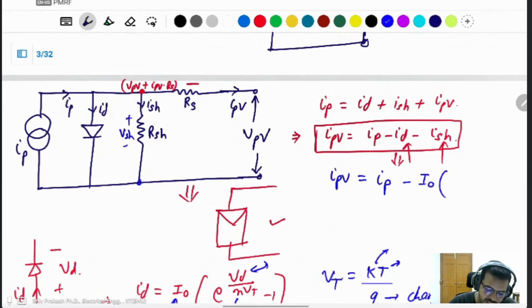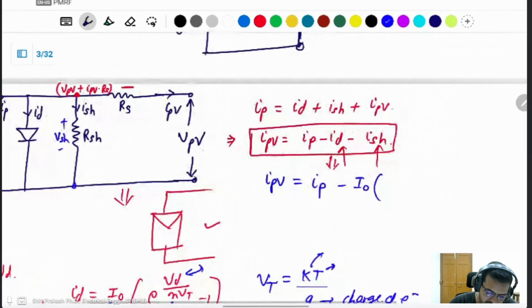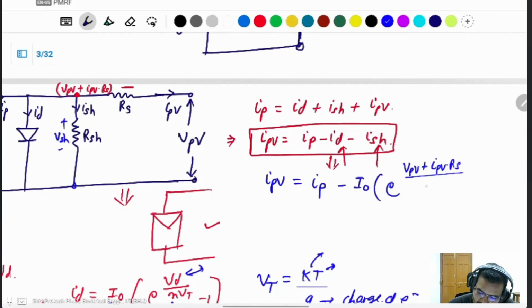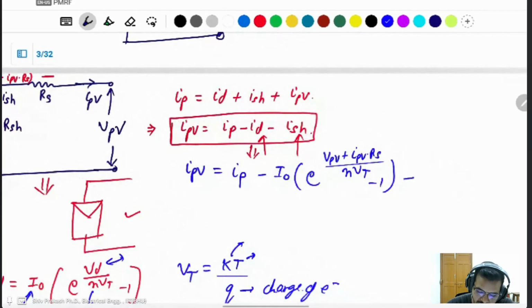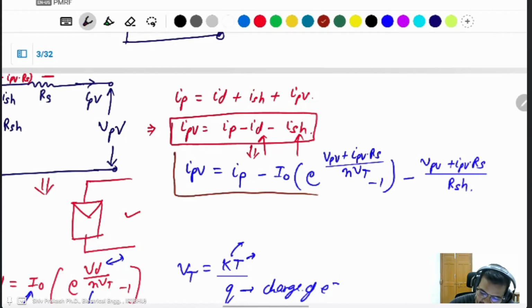Shunt voltage is the same as the diode voltage, and shunt voltage is VPV plus IPV into RS. Then e to the power VPV plus IPV into RS divided by NVT, minus 1, minus the shunt current: VPV plus IPV into RS, the shunt voltage across the resistor, divided by the shunt resistor. This will be the final equation of PV cell current.